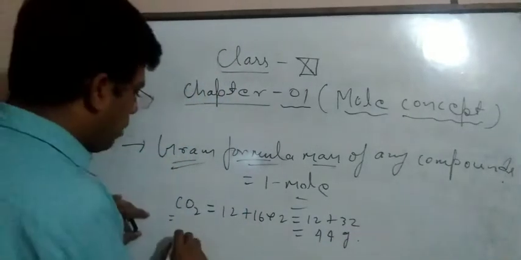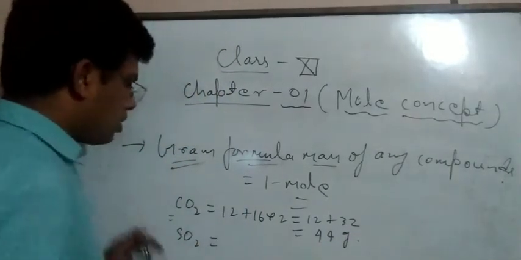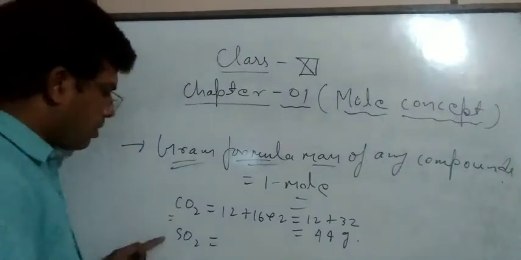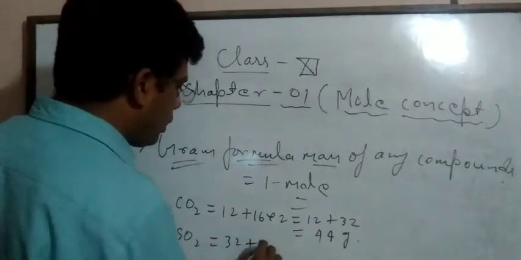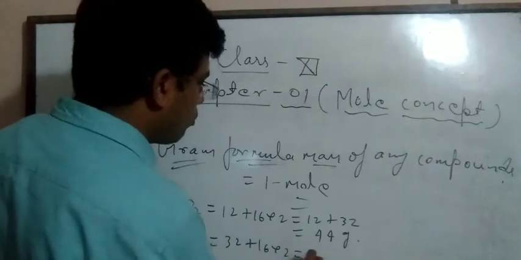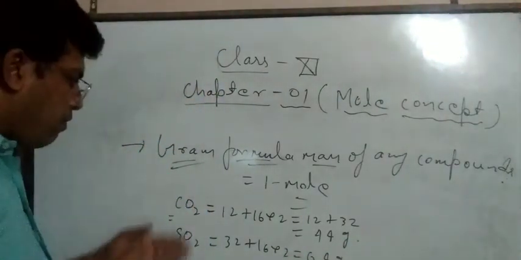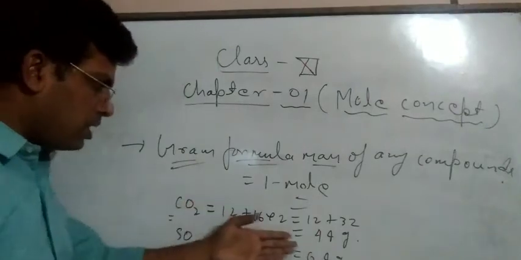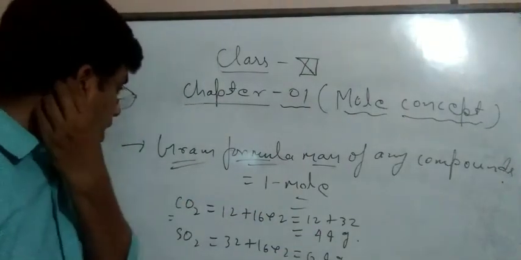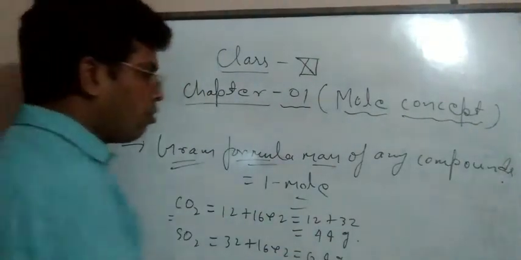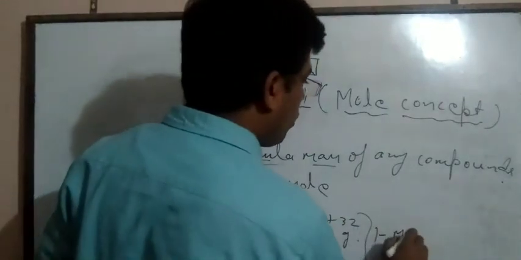Similarly, if sulfur dioxide is taken, it contains 32 plus 16 into 2 is equal to 64 gram. So with help of formula, gram formula masses are 44, 64 gram, and this one will be equal to 1 mole.